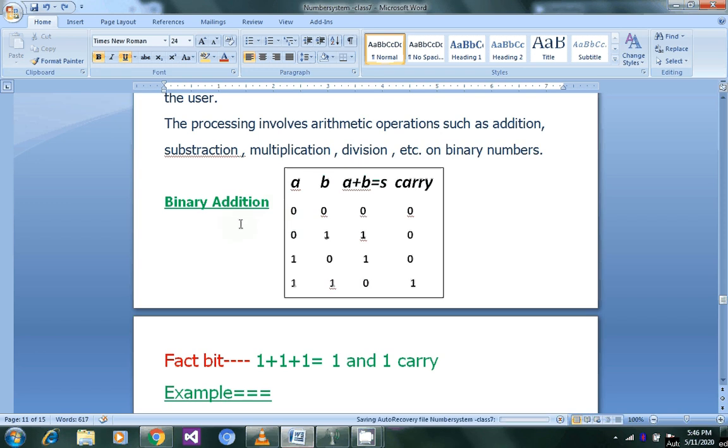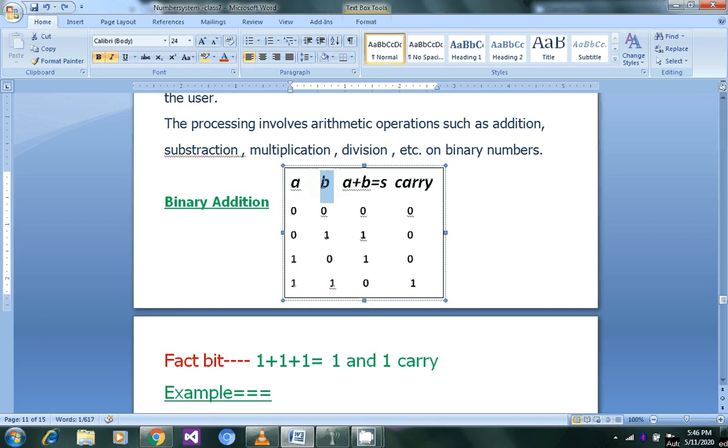Suppose the first number is A and the second number is B, and you have to add these binary numbers. So A plus B equals S, and when you add these numbers, you have to carry some numbers, which you already do in mathematics also.